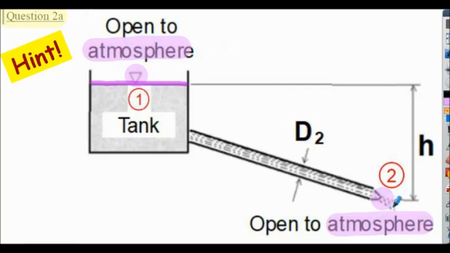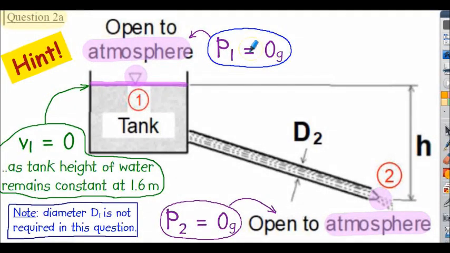Of course there will be velocity of the fluid at position 2 as the fluid discharges from the orifice. So in summary, the inlet pressure P1 is 0, the outlet pressure P2 is 0. In this case the inlet velocity V1 will be 0, but the outlet velocity V2 will have a value. And note in this question diameter D1 is not required.